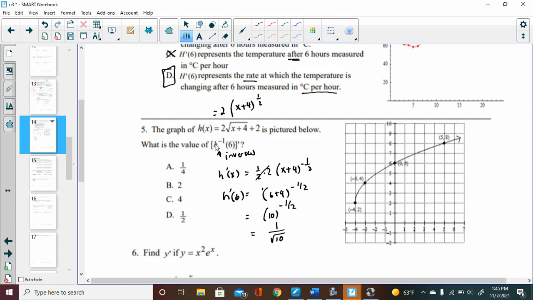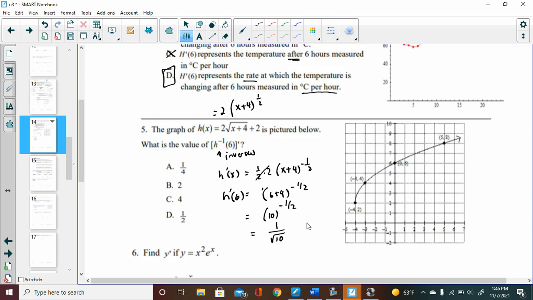However, they want me to find the inverse of that at that particular value. And we are not ready for that yet.